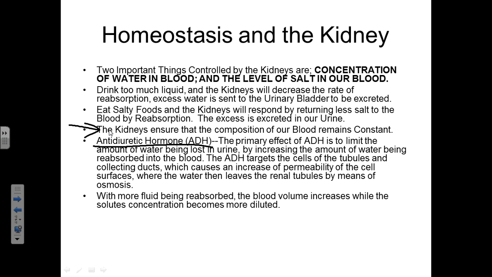The only place in your body that I know of that has receptors for ADH are parts of your nephrons. In particular, it talks here about the cells of the tubules, the proximal and distal tubules, and also the collecting ducts. And what ADH causes to happen there is it makes the walls of those tubes be really permeable to water.